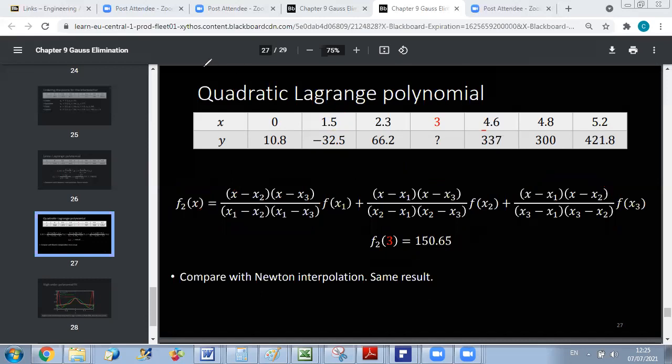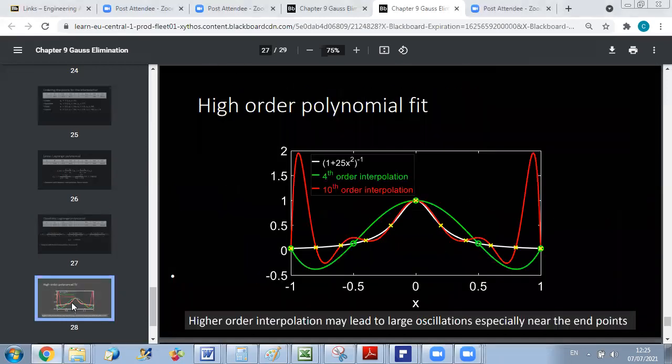Now, if you remember when we talked about accuracy, we said that we expect that increasing the order of interpolation will give better results. But we should pay attention, because increasing the order of interpolation a lot can bring bad effects. It can lead to an oscillatory solution.